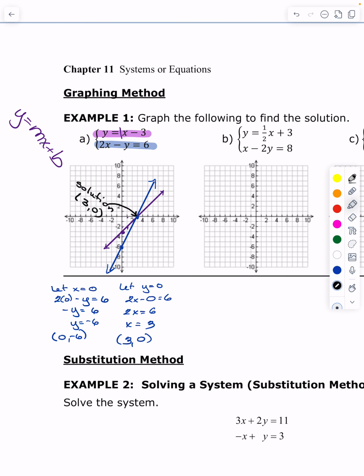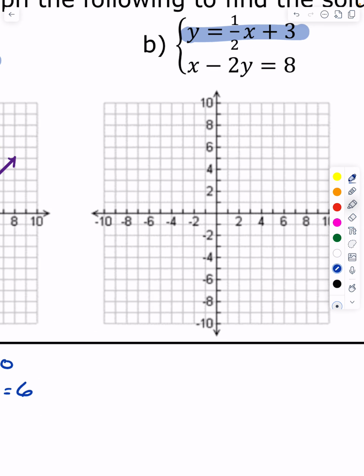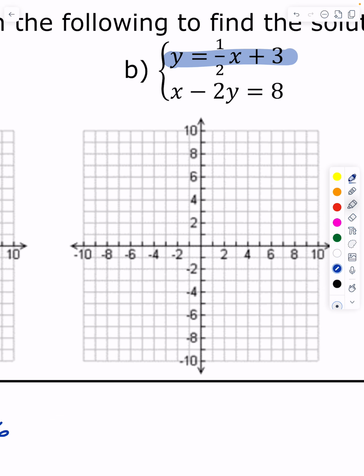Okay, let's take a look at B. I'm going to go back to my blue and purple motif. Again, slope-intercept form. So I have an intercept of positive 3. This time my slope is 1 over 2. So every time I go up 1, I'm going to go 2 in the positive direction. Up 1 over 2.